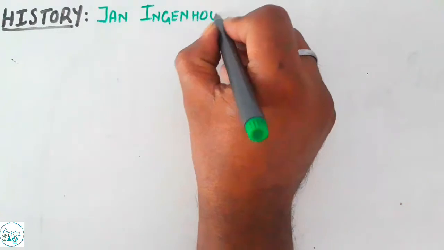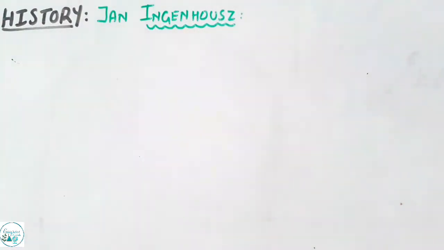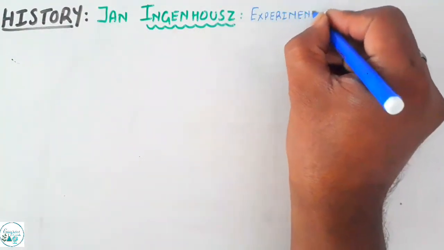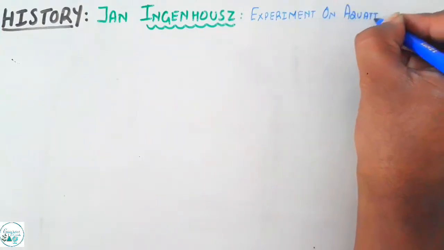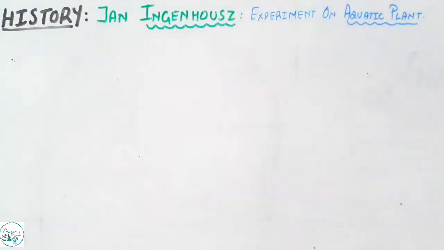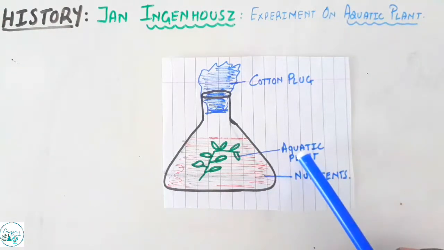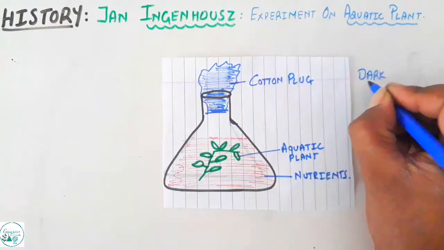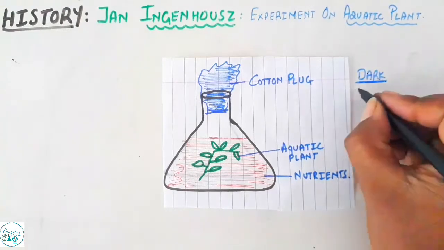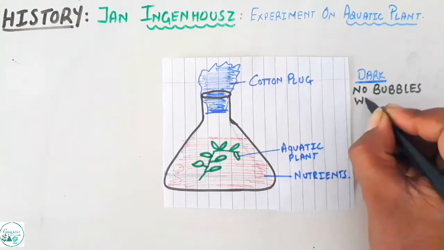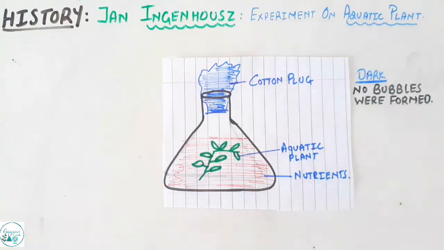The other scientist that we are going to talk about now is Jan Ingenhousz. His experiment was conducted on aquatic plants. What he did was, he took a flask in which he put nutrient along with the aquatic plant and covered it with a cotton plug. It was found that in the dark, no bubbles were produced around the leaves.